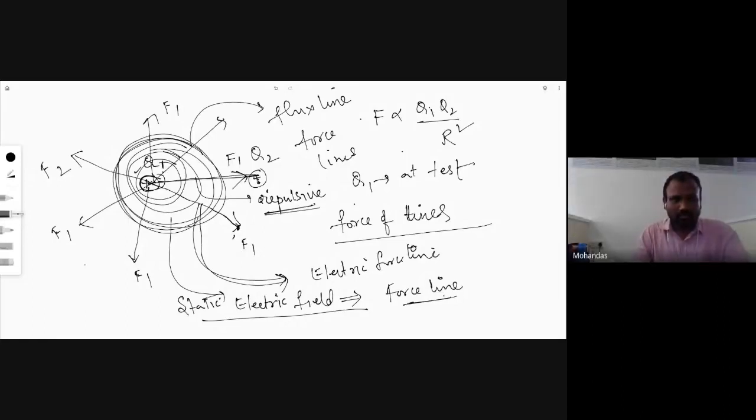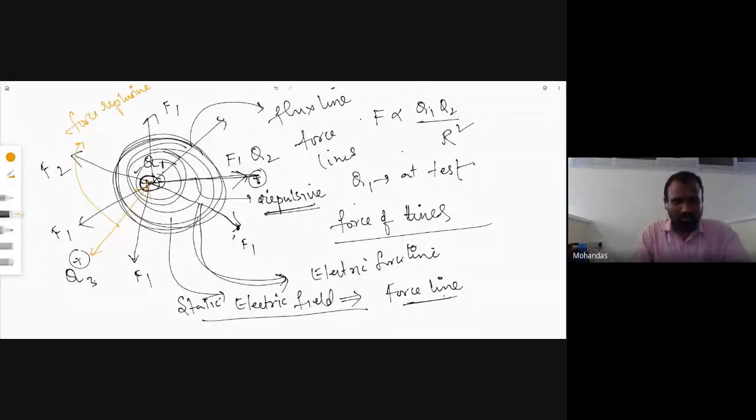If I want to move a charge at this particular point, let us say another charge Q3, which also has the same positive charge, what is the type of the force between Q1 and Q3? Again, a force of repulsion.